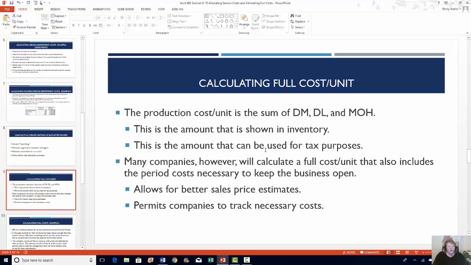And it allows for a better price estimate, and it permits companies to track all of their costs. So even though you can't use those period costs for tax purposes because those are expensed right away, you need to include those in your price because you need to cover those and keep your business going. You need to cover all your costs so you can keep your business going.